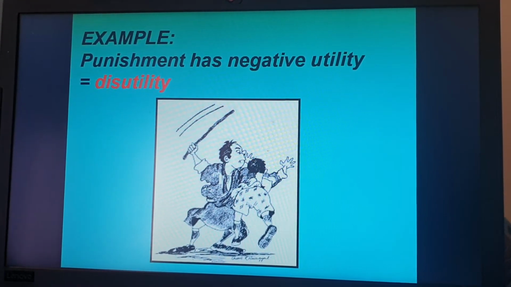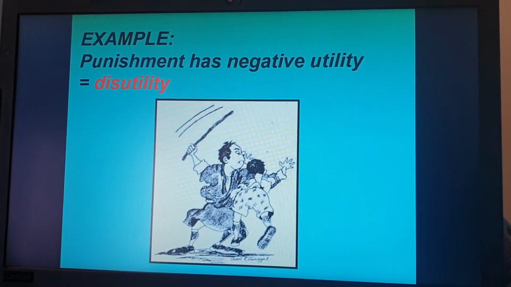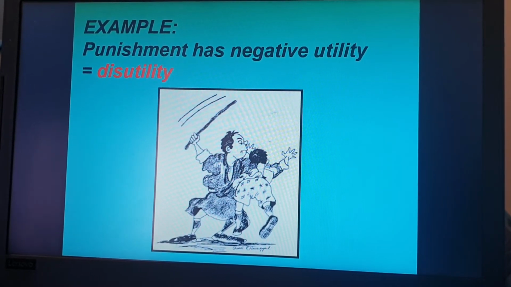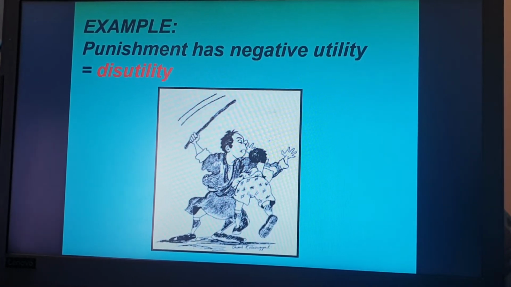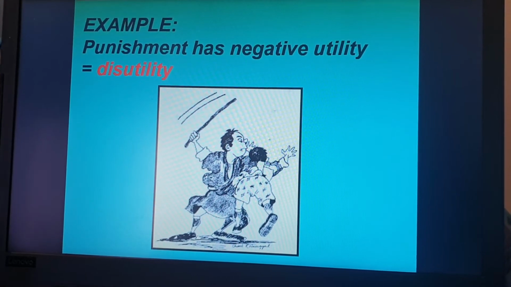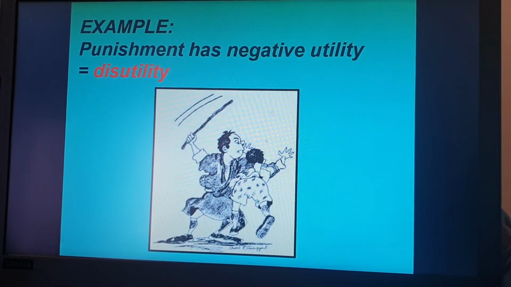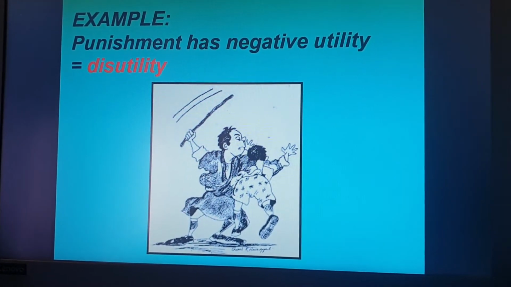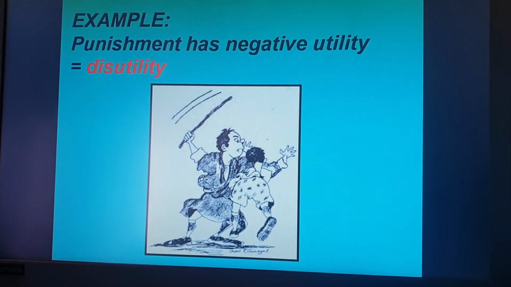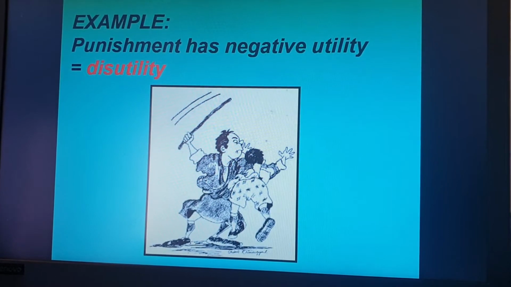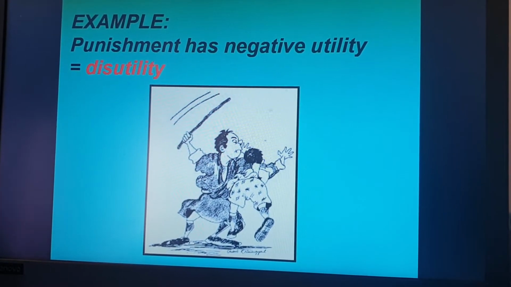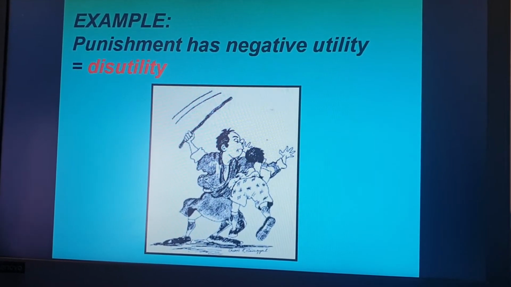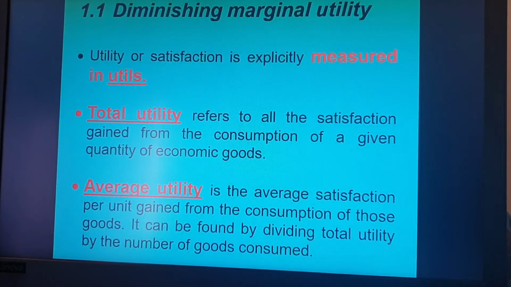In other words, you don't get any positive utility from it. You don't experience anything positive from it. Obviously, it's going to hurt, and it is not going to be a nice experience when you get a hiding. Or nowadays, when you get your cell phone taken away from you, any form of punishment is known as disutility.